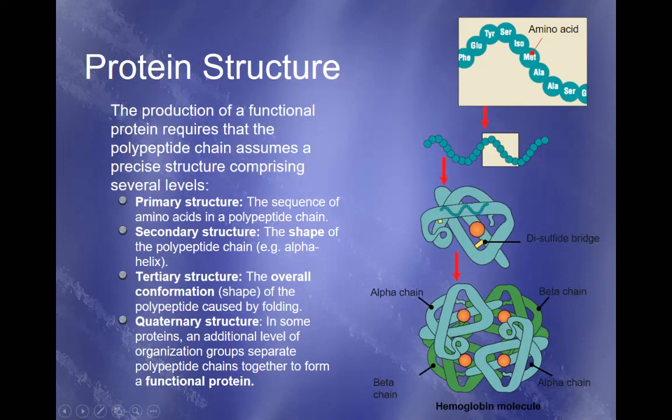And then there are two beta chains, one here and one here. So a total of 4 subunits make up this quaternary structure. Now, it may have 2 subunits or 3 subunits. It's not that 4 is a magic number, but you have more than just one subunit, which makes up the tertiary structure. And so those multiple subunits make a quaternary structure.